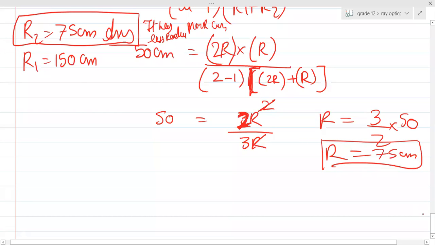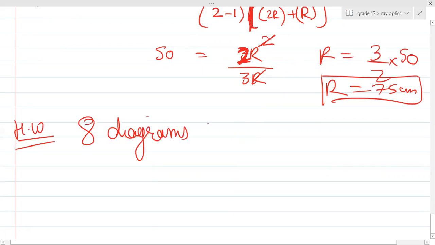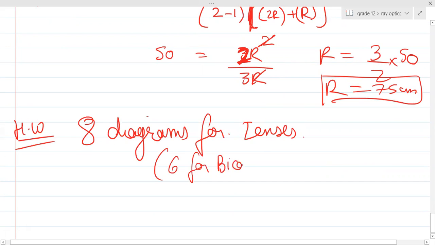Chal. The homework for you for today will be the 8 diagrams for lenses. So you need to draw 8 diagrams, 6 for biconvex, and 2 for biconcave.